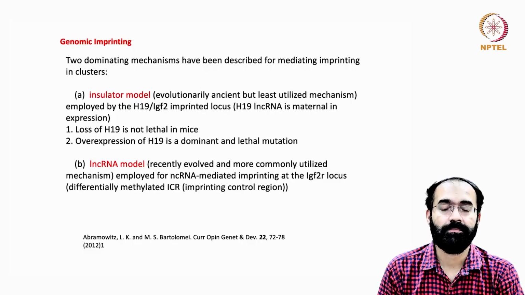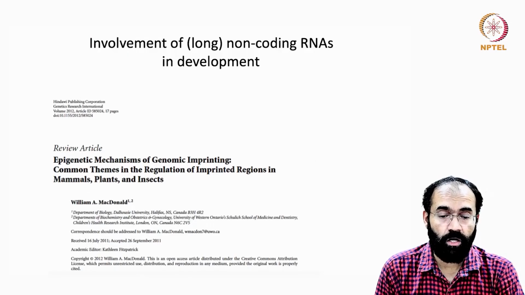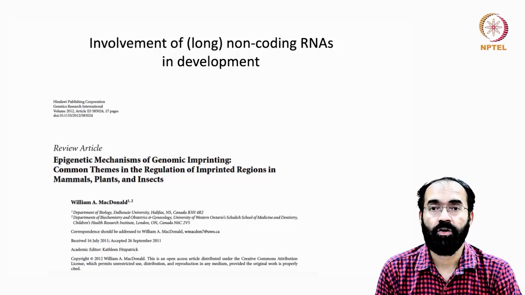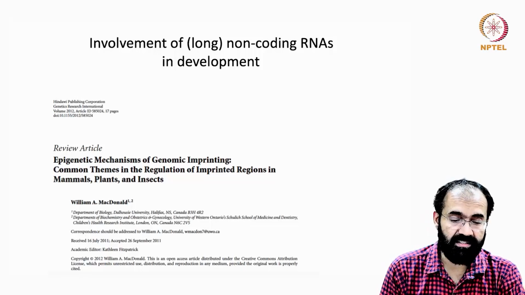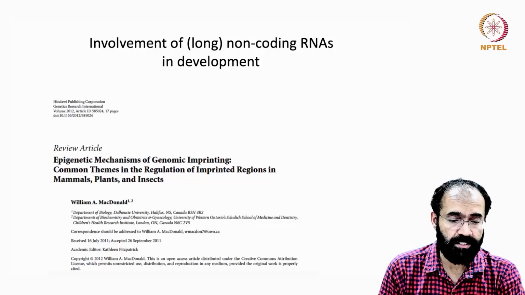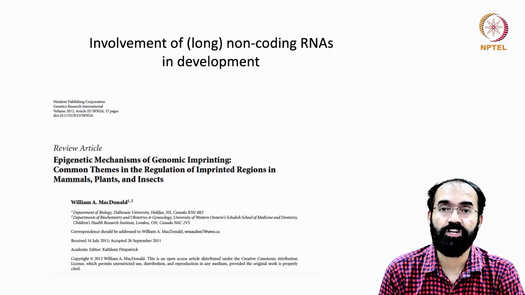So let us move further towards imprinting. How are the long non-coding RNAs contributing to development? This review article is quite informative. You can read Epigenetic Mechanism of Genomic Imprinting.